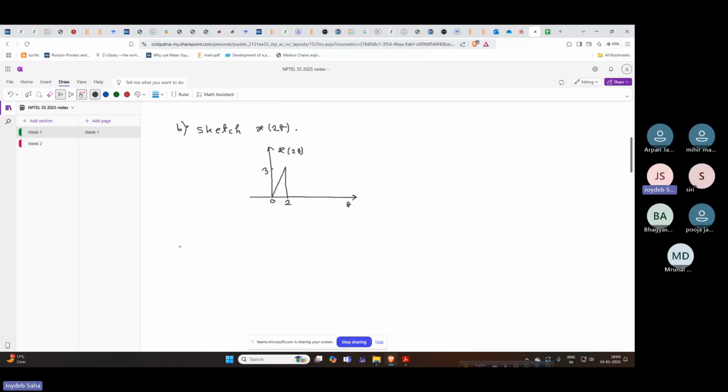Let us come to the third part of this question. Plot or sketch x of t by 2.